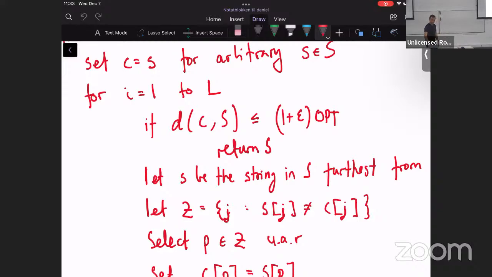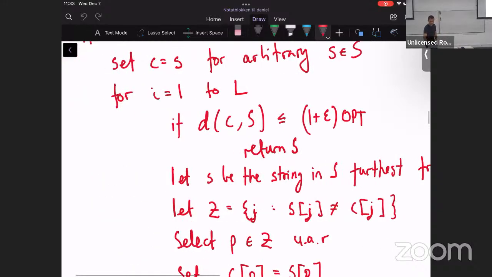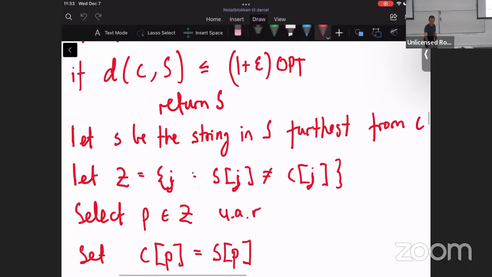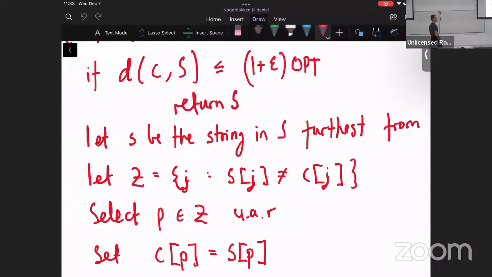If it isn't already an approximate solution, then there is some string in your input which is at least 1 plus epsilon opt away from it. Now notice, this is the place where we're using that you know opt. You're checking if the distance from C to S is at most 1 plus epsilon opt, you output the string. That's the only place where we're using the assumption that you know opt.